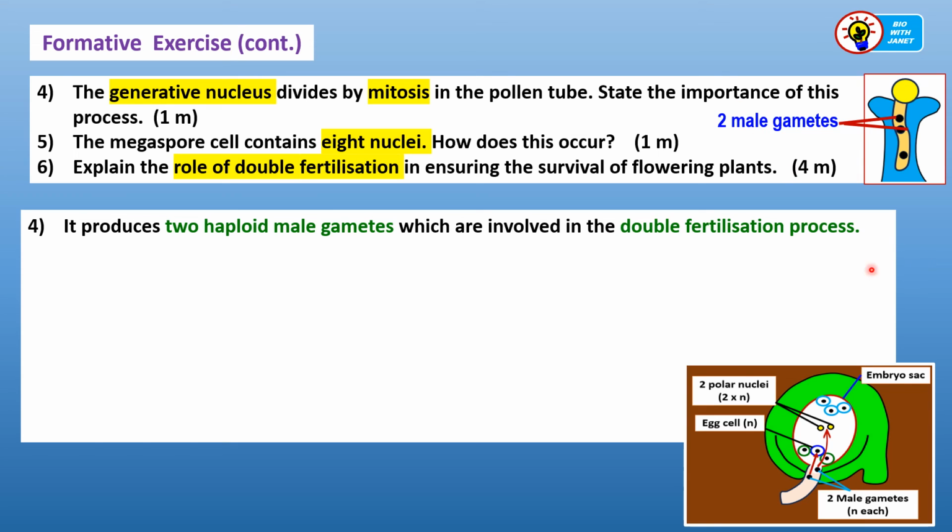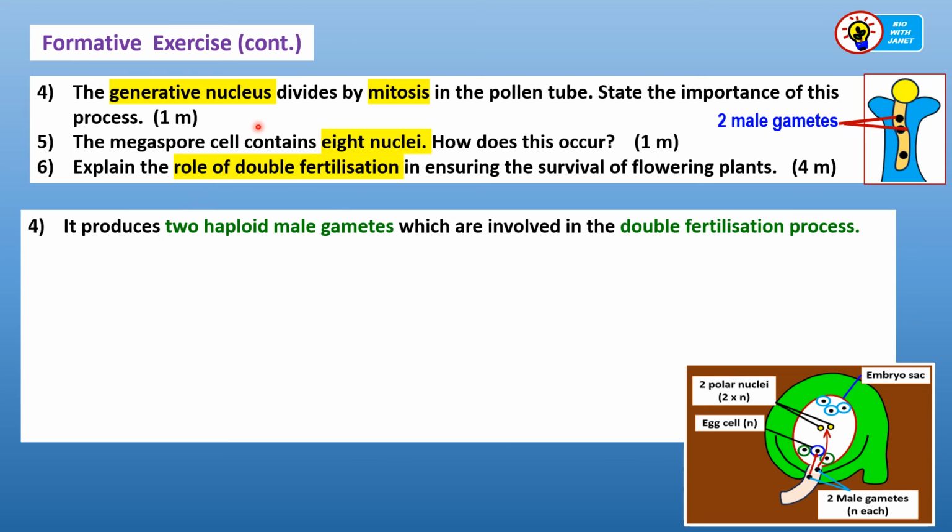To know the importance, we must know the final product of this process of mitosis. Now, it produces two haploid male gametes through the mitosis of the generative nucleus, which are then involved in the double fertilization process. So this is the importance of the process.